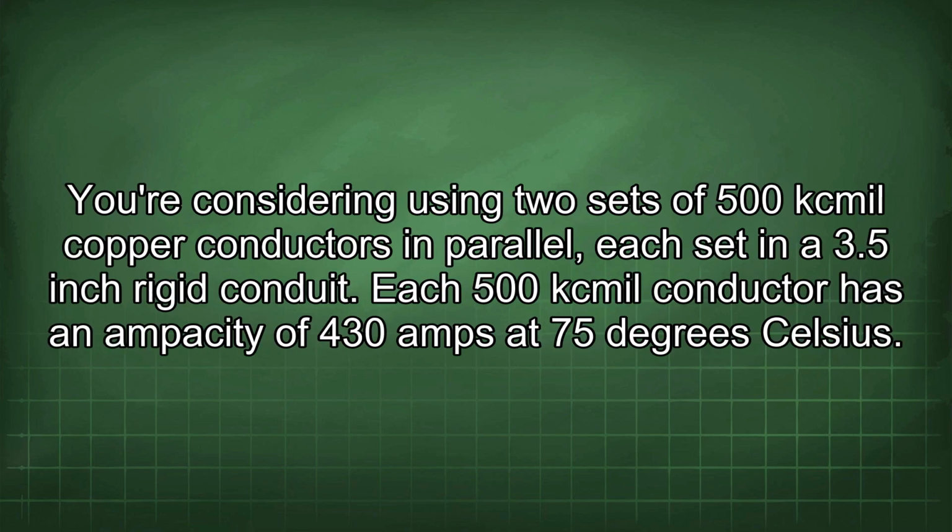You're considering using two sets of 500 kcmil copper conductors in parallel, each set in a 3.5-inch rigid conduit. Each 500 kcmil conductor has an ampacity of 430 amps at 75 degrees Celsius.